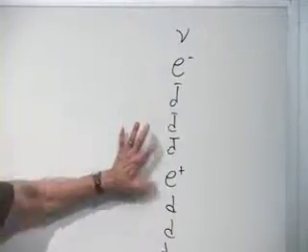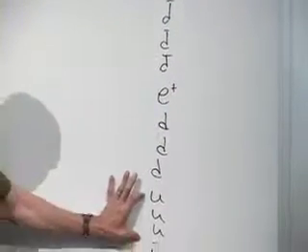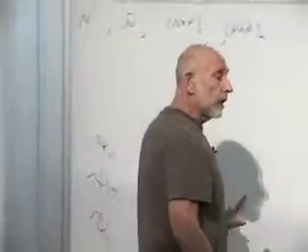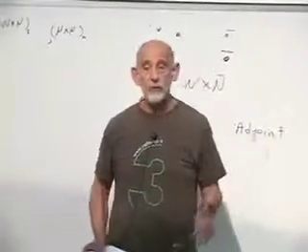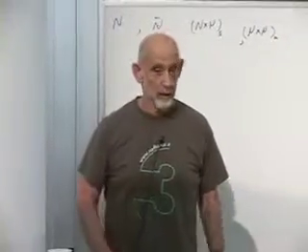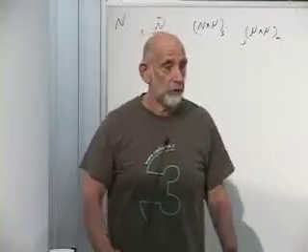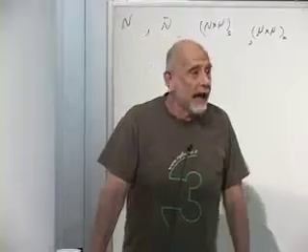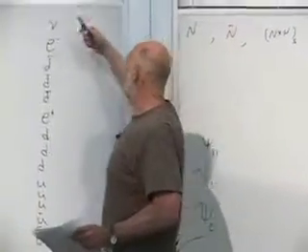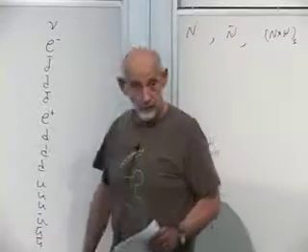I have D bar quarks and D quarks, and I have up quarks and anti-up quarks. What's missing is an antineutrino. We're going to come to the question of antineutrinos, but I will tell you this. The pure form of the standard model does not have an additional left-handed antineutrino.